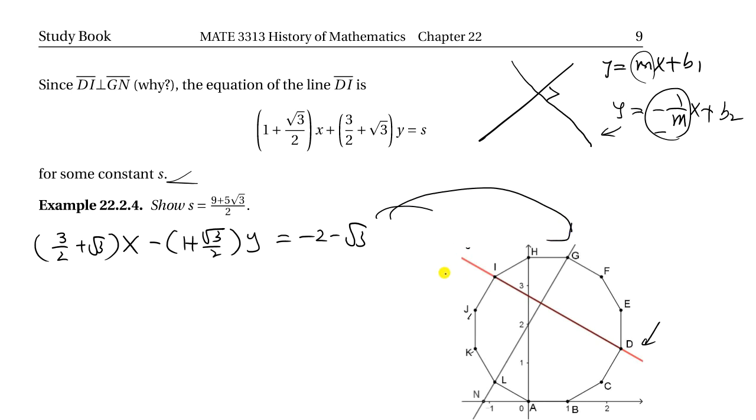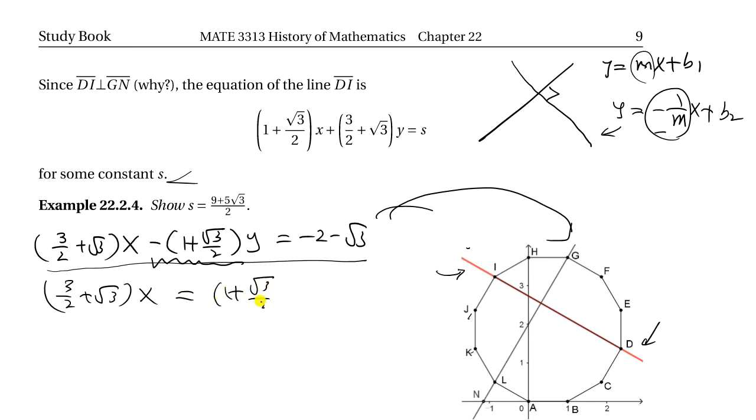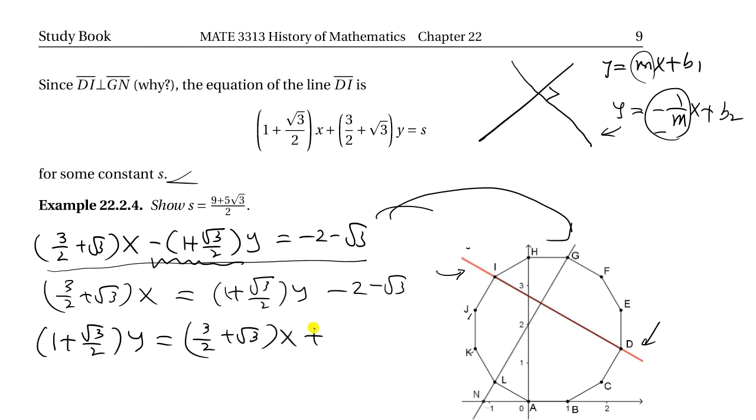So the slope of this line is going to be the negative reciprocal of the slope of this line. So let me just find the slope of this. To see that, let me add this one on both sides, and of course, like that. So arrange them again: (1 plus square root of 3 over 2) y equals (3/2 plus square root of 3) x plus 2 plus square root of 3.